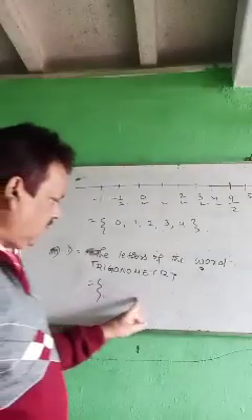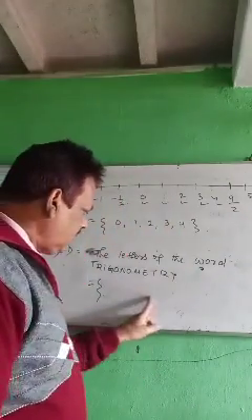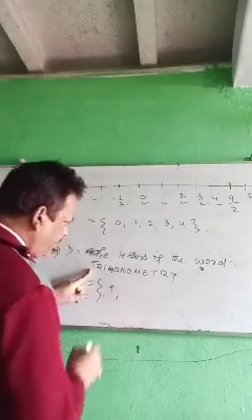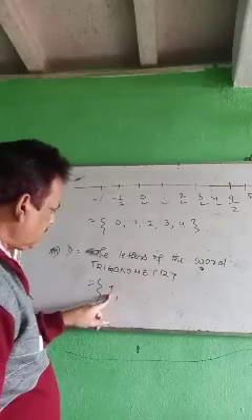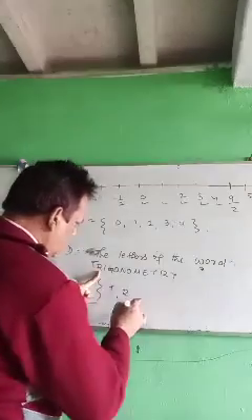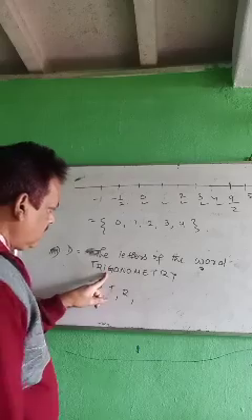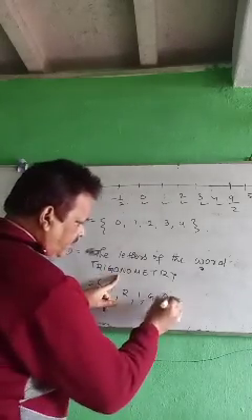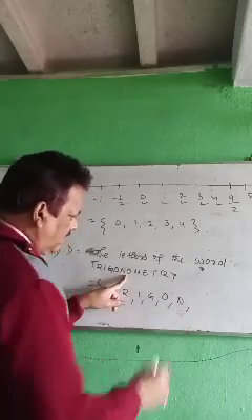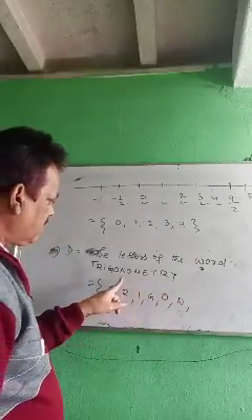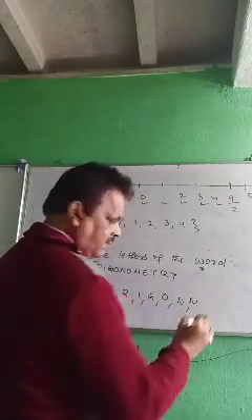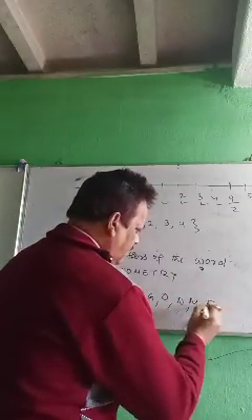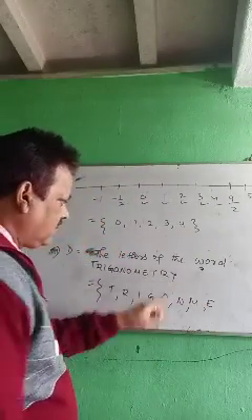Look here. In a set, repeating elements are not taken. Like T is here, again T is here, but you have to take it once. R is here, again R is here, you take one. I, G, O, N, again O is repeating, will not take. Then M, then E, T already taken, R taken, then Y.